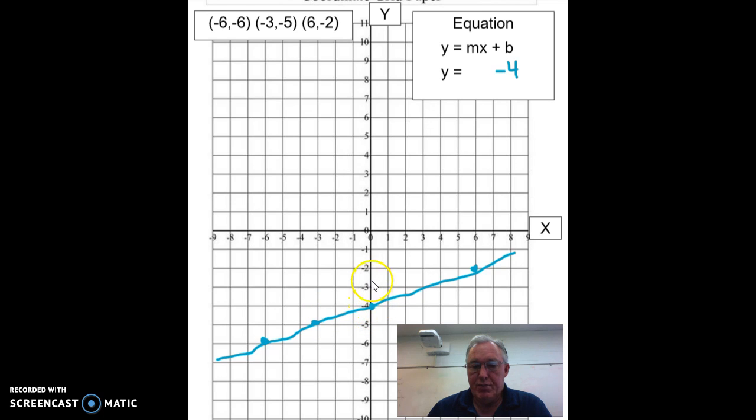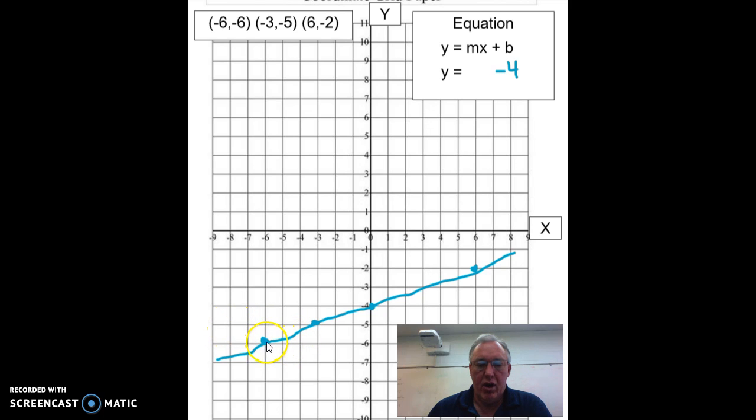I can go from this point all the way over to the last point we plotted. I could go from any of these first 2 points all the way to the last one we plotted. But I'm going to use these 2 right here. Remember, we're going to use what's called rise over run. In other words, we're going to go up or down first and count, and then we're going to go over, run, right or left.